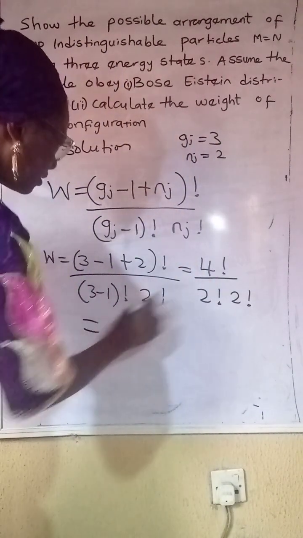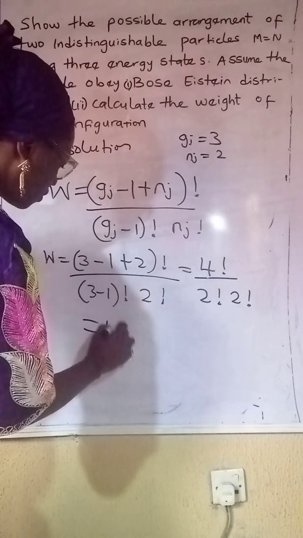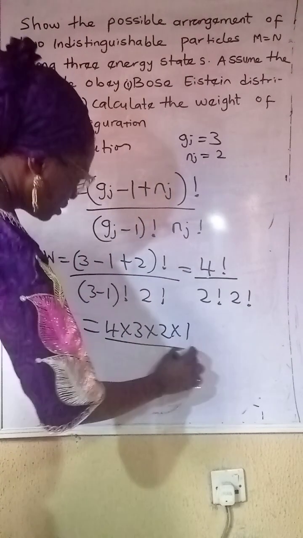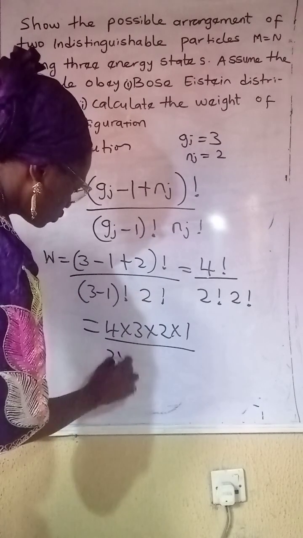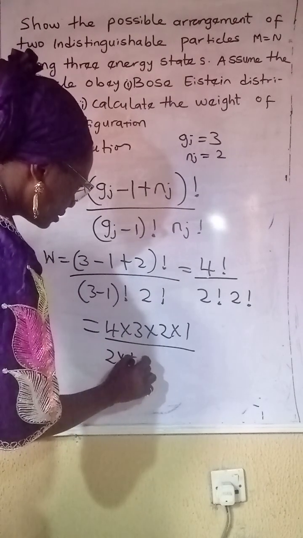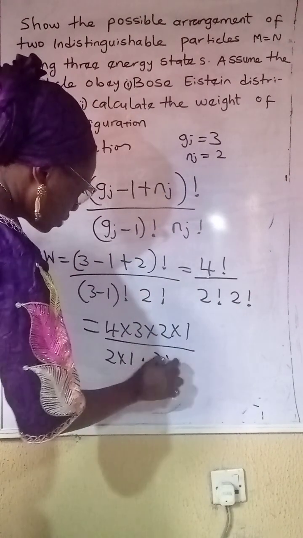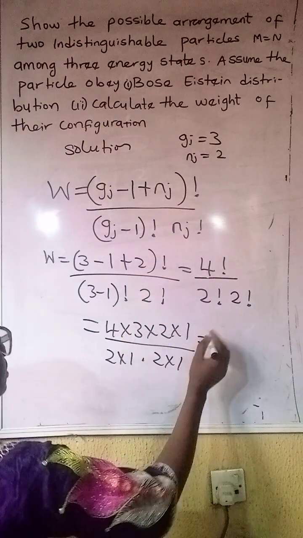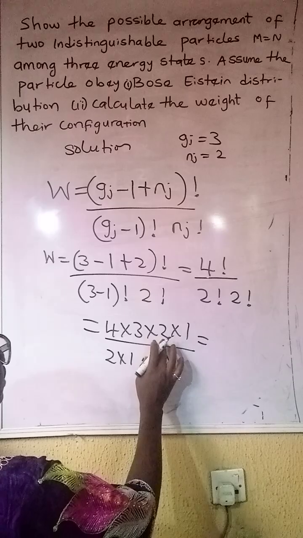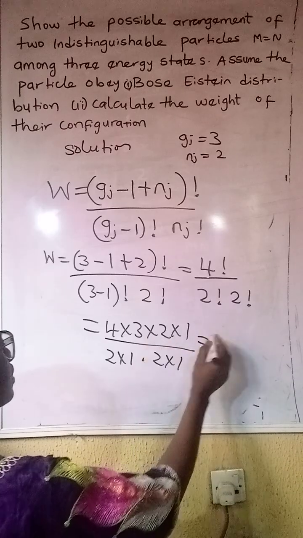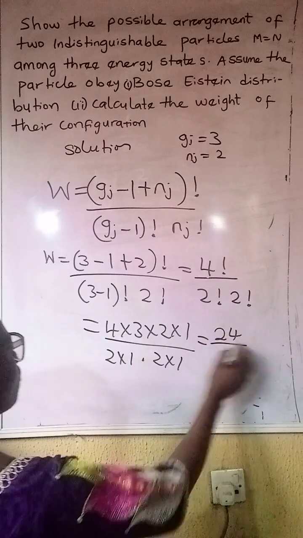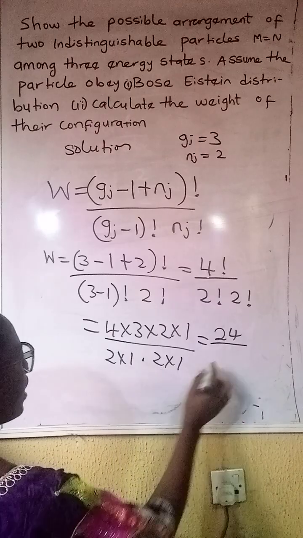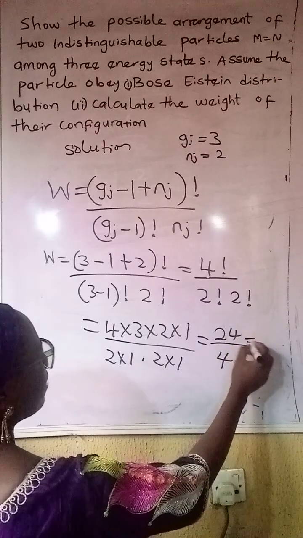Let's further simplify. 4 factorial is the same thing as 4 times 3 times 2 times 1. 2 factorial is the same thing as 2 times 1, then 2 times 1. This is equal to 4 times 3 is 12, 12 times 2 is 24, 24 times 1 is 24 all over 2 times 1 is 2, 2 times 2 is 4, 4 times 1 is 4.